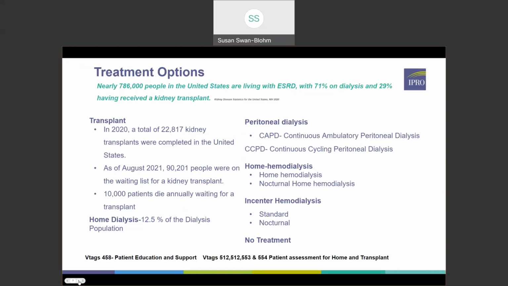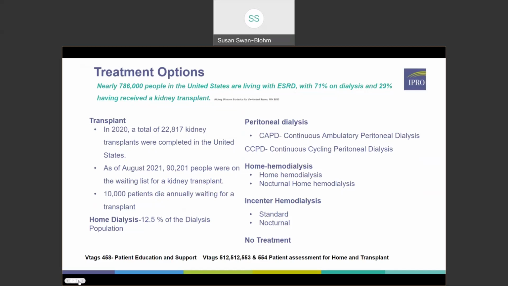Home hemodialysis is done 4 to 6 times per week for 2.5 to 4 hours as ordered by the physician. Nocturnal home hemodialysis uses the same equipment and technology, but is done while the patient sleeps 4 to 6 nights per week for 8 to 10 hours each treatment.